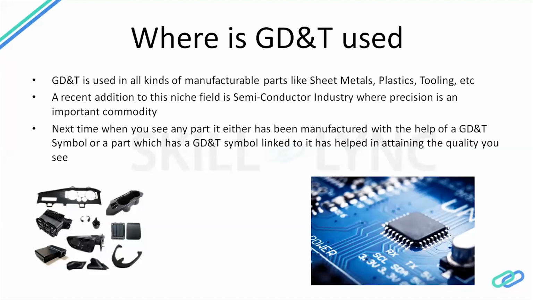That much is the significance which we do not realize about this. This plays a bigger role in the manufacturing industries, quality control, and all the warranty issues. We'll go through how significant it is in this course also.